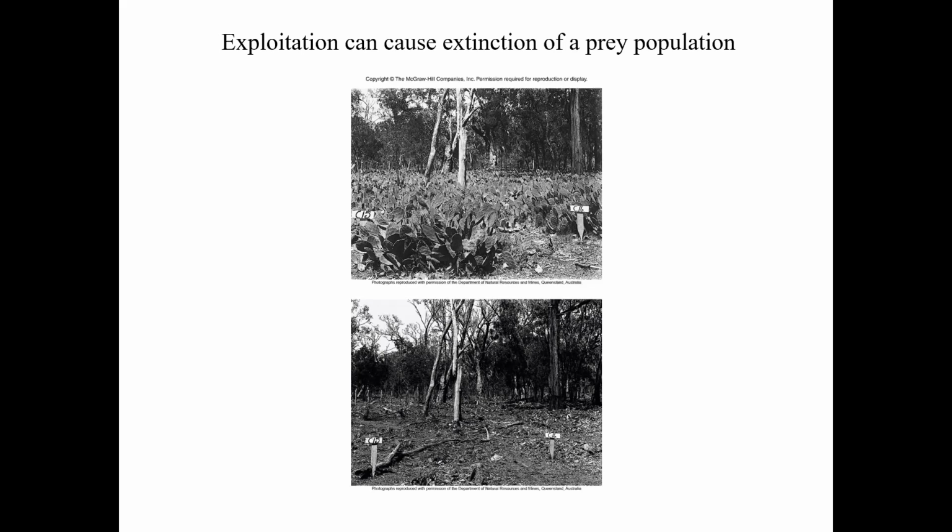And up top, you can see an entire field that's completely overgrown with cactus. There's so much cactus here that nothing can live there. Kangaroos can't live there. Sheep can't graze there. Cattle can't graze there. They quickly realized that 60% of the entire continent of Australia was covered with cactus.